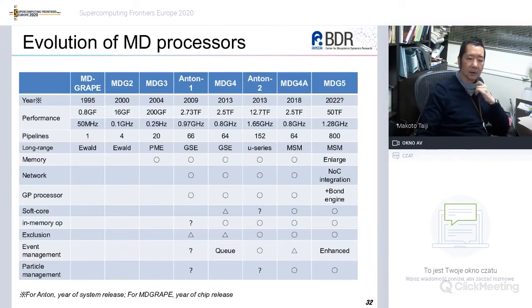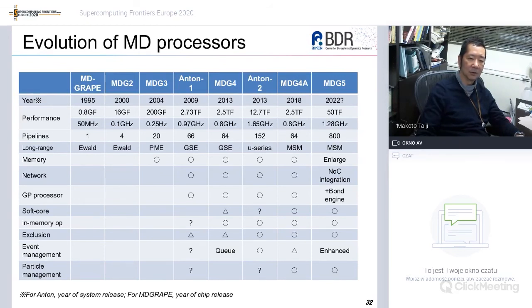So this is the evolution of these molecular dynamics processors. The old MDGRAPE only had pipelines for the non-bonded calculations. But MDGRAPE-3 had some support for PME, particle mesh Ewald. But Anton 1 introduced quite a lot of functions into the LSI. So we tried to catch up with MDGRAPE-4, but unfortunately it did not work fully.